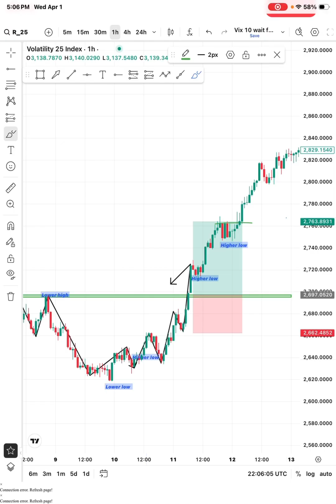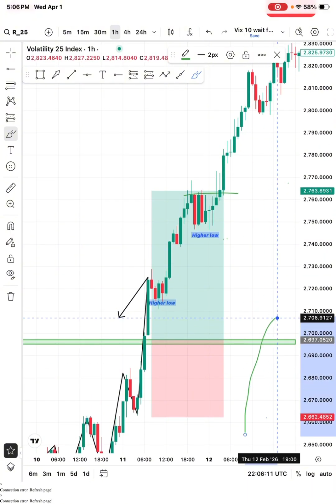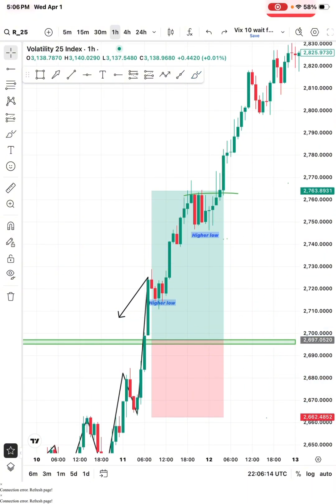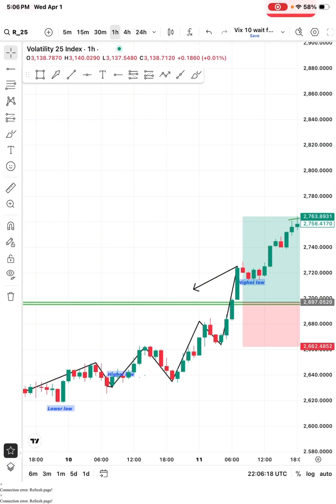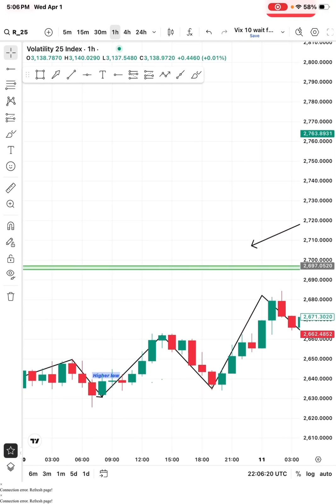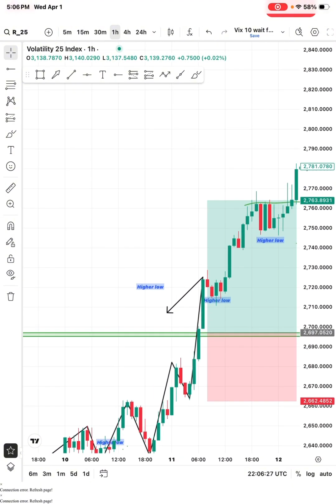right? And then I continue to track my higher lows. So I continue to track my higher lows, guys.